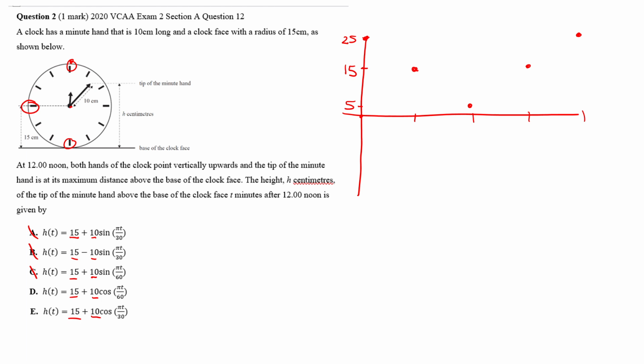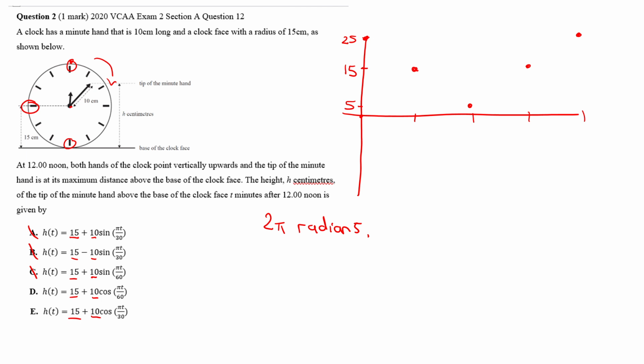Now, we need to think about what's going on in our circle. So the first thing we need to be thinking about is a full rotation of a circle is 2 pi radians. That's the first part. So the next thing we need to be thinking about is we have to divide this by the number of minutes, which is 60 minutes, because we're looking at it per minute.